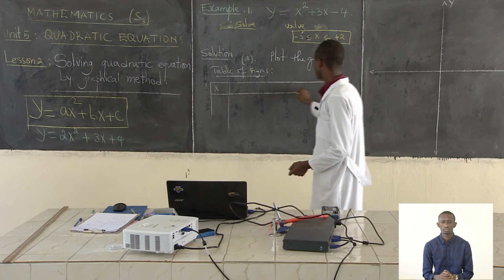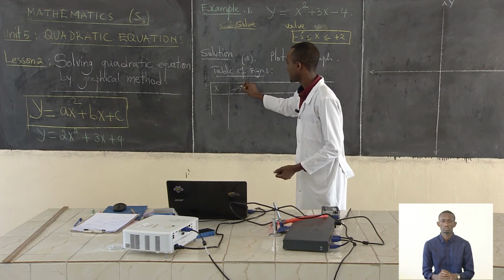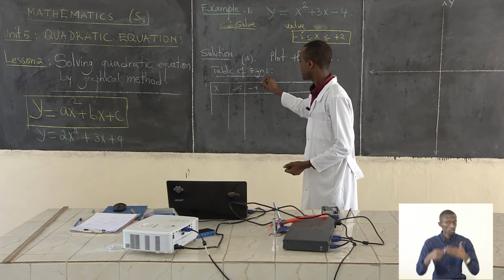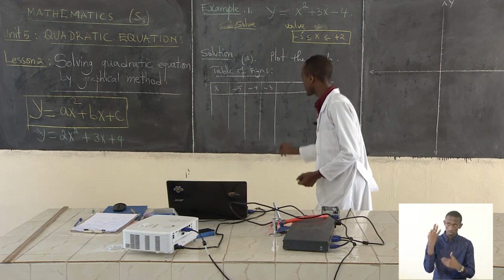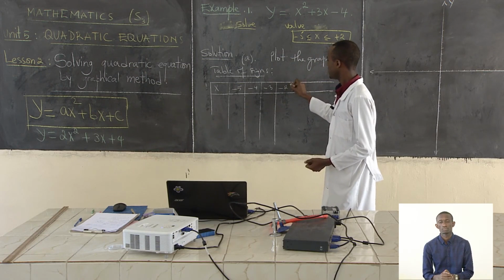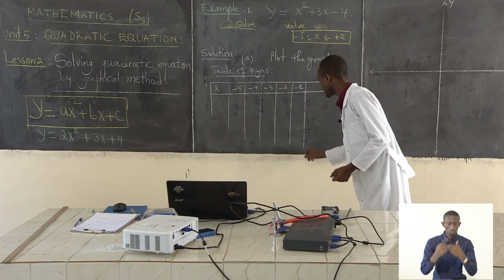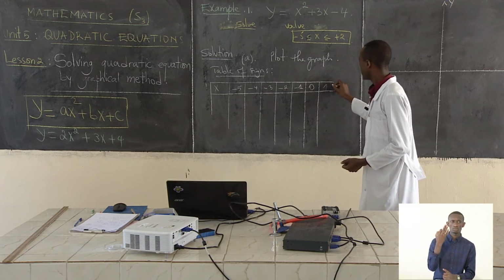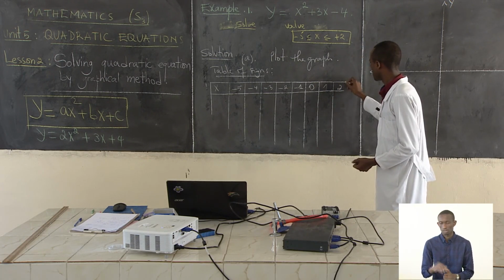And they have given us the value of x. They told us it is from -5, -4, -3, -2, -1, 0, 1, and the last one, we have 2.